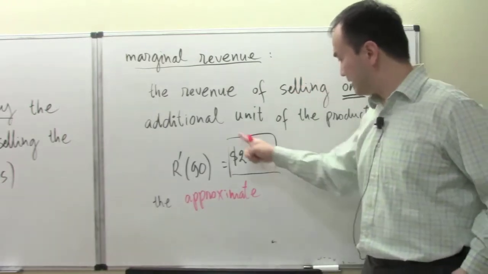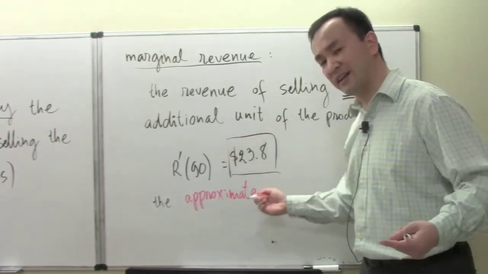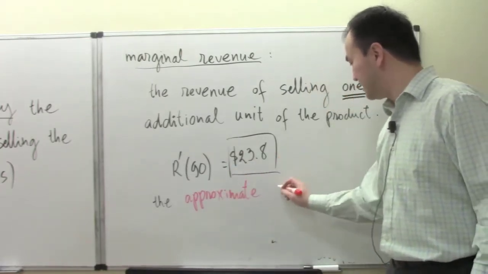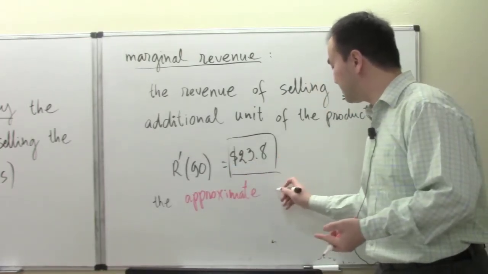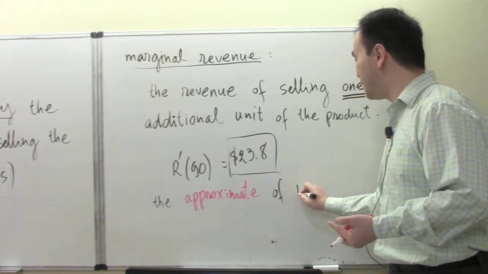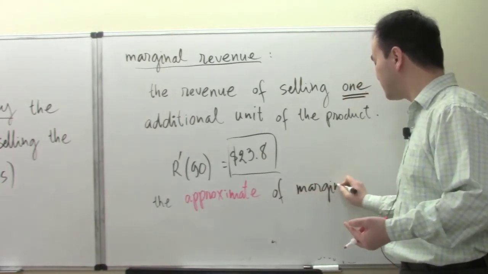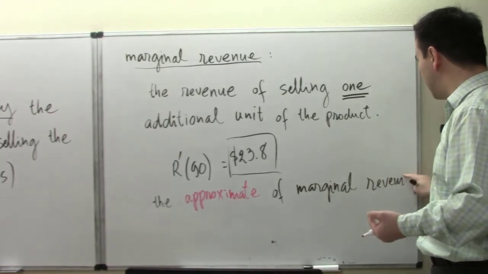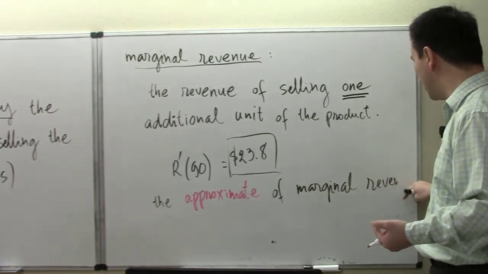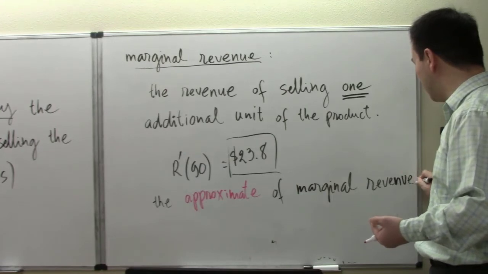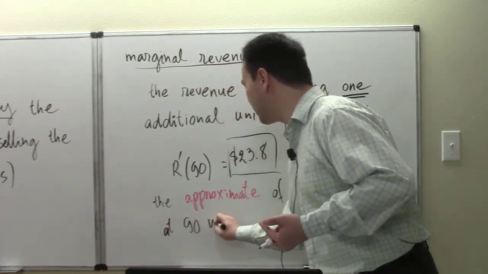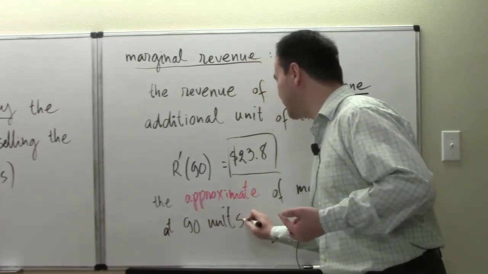Okay? But so this answer here, now I can say to anyone, it's the approximate of marginal revenue at 90 units. Okay? And what does that mean?